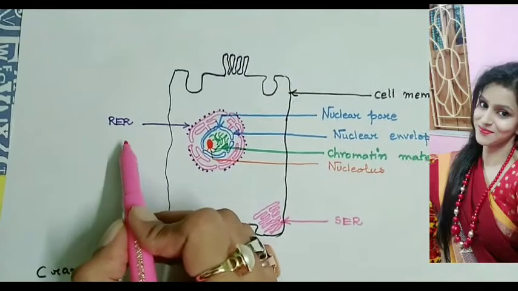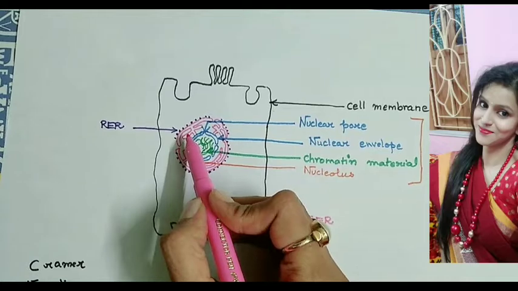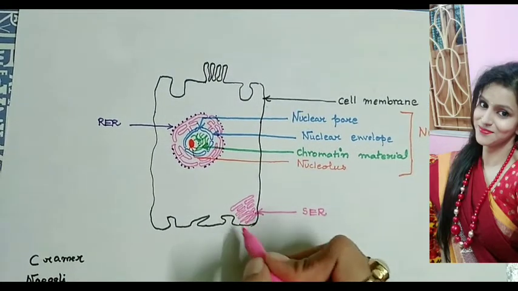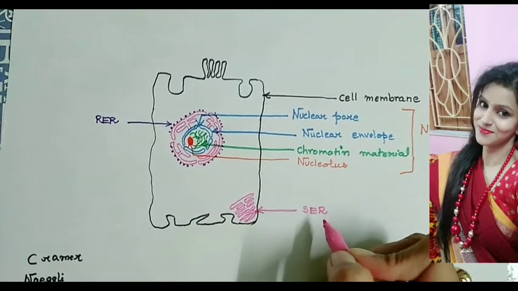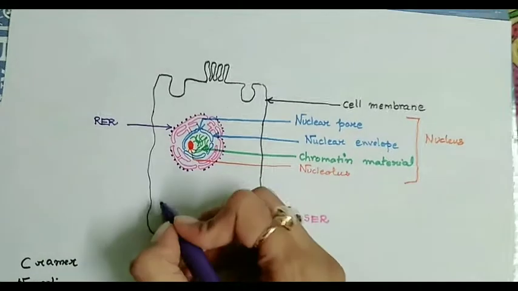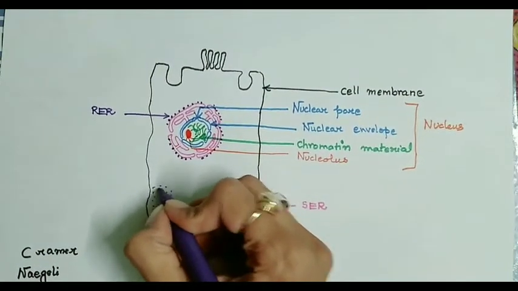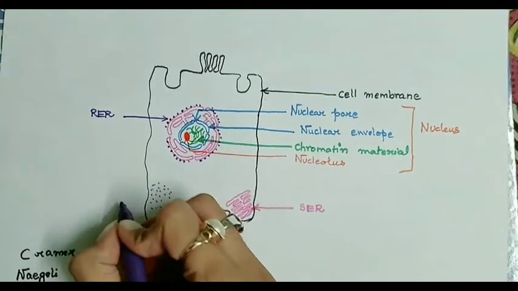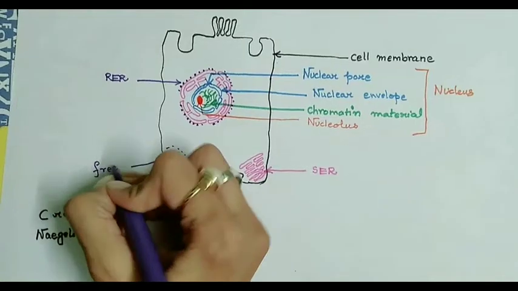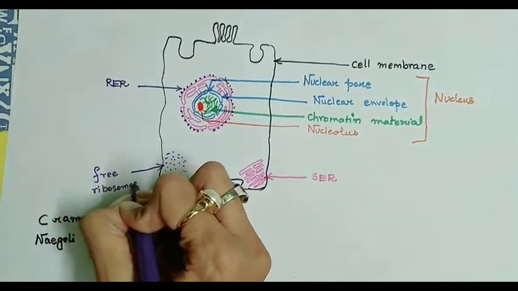And some ribosomes are freely present inside the cell, as I am drawing here, you can easily see that. These are known as free ribosomes. Okay, so let me label that. This is known as free ribosomes.